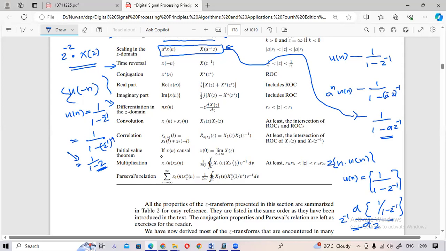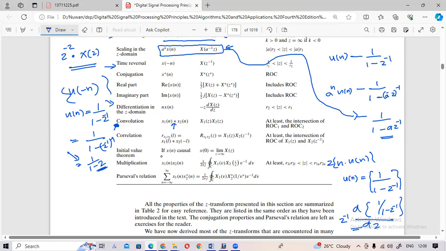And the convolution property, I think we have discussed it. I told you that this property is very important when we are analyzing LTI systems, because for an LTI system the output is the input convolved with the impulse response.